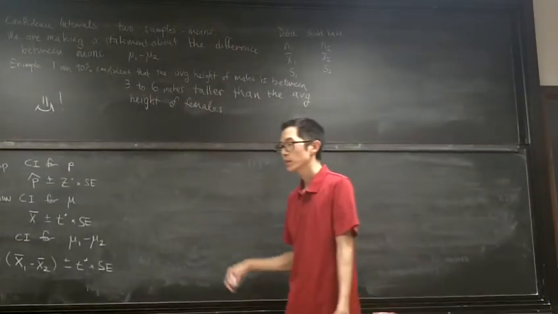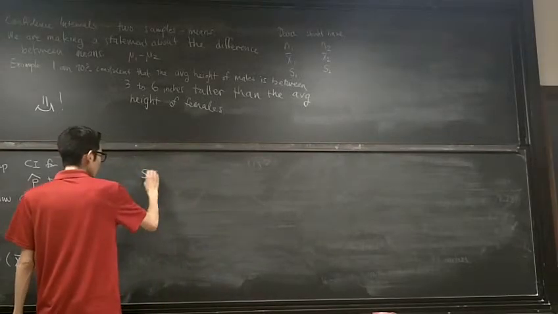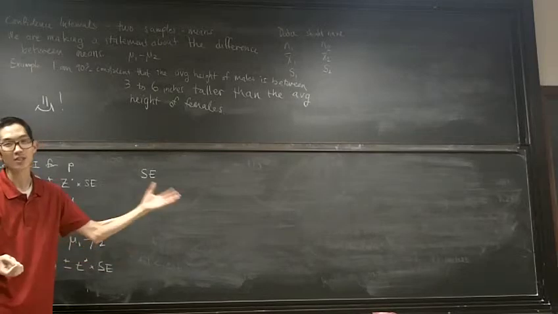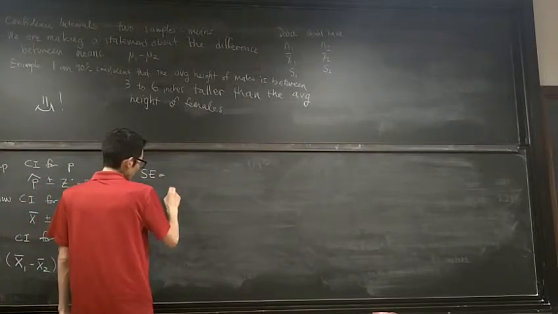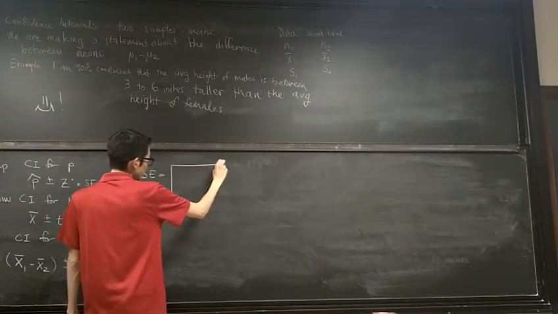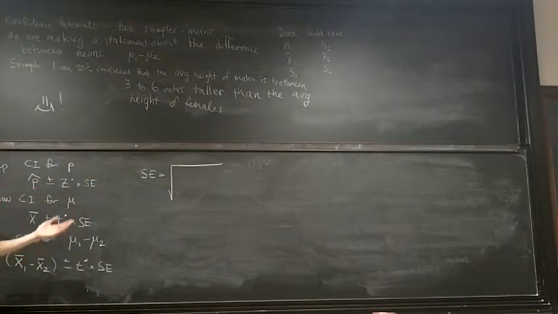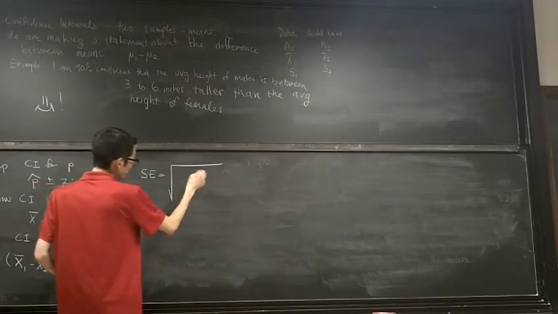And just like everything else, for the standard error I'm just going to give you a formula. There's nothing you can do about it. This is just what we're going to use. This is probably the second ugliest standard error, next to the standard error for the difference of two proportions. This one's not too bad.